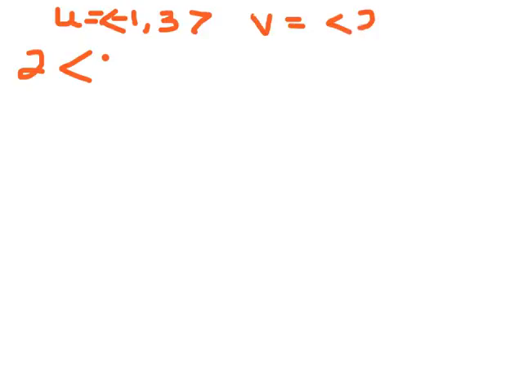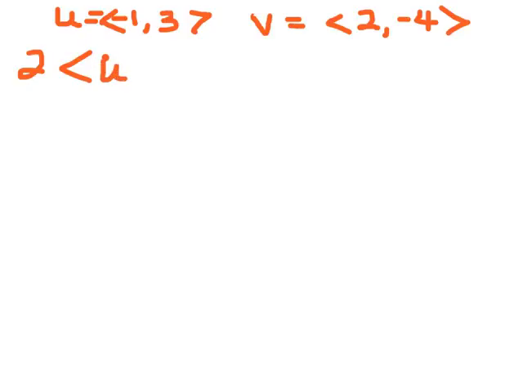If I had 2 times U dot V, let's let U be negative 1, 3. That's a vector. And let's let V equal 2, negative 4.